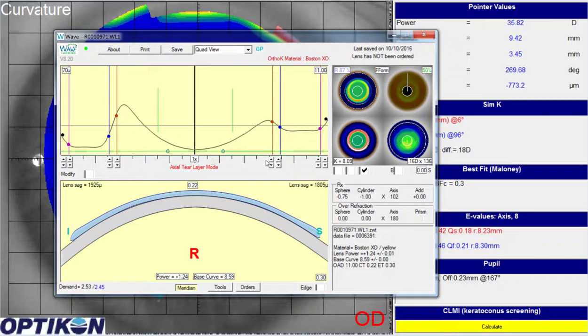Close. And 711. This is a freeform lens, which is why changing one side didn't change the other side too much.